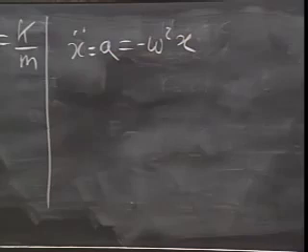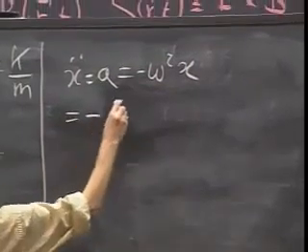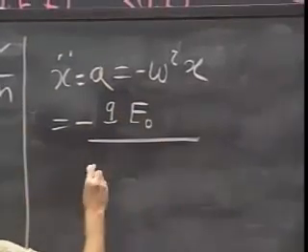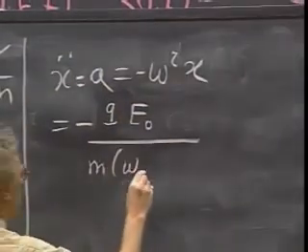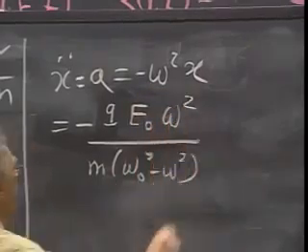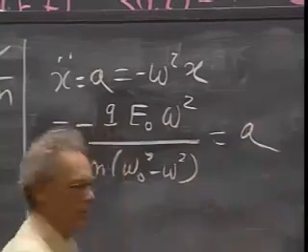You've seen that before. And so that becomes then minus q E0 divided by m, omega 0 squared minus omega squared, and then I get upstairs an omega squared. And that is the acceleration of this electron.